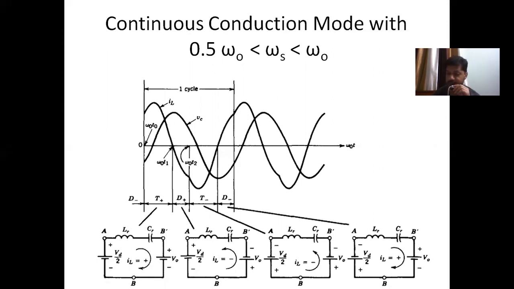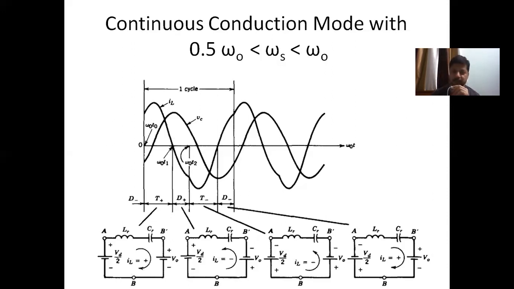In the previous case, the switches were turning off naturally at 0 current and at 0 voltage. They were turning on at 0 current but not at 0 voltage. Diodes were turning on and turning off at 0 current.